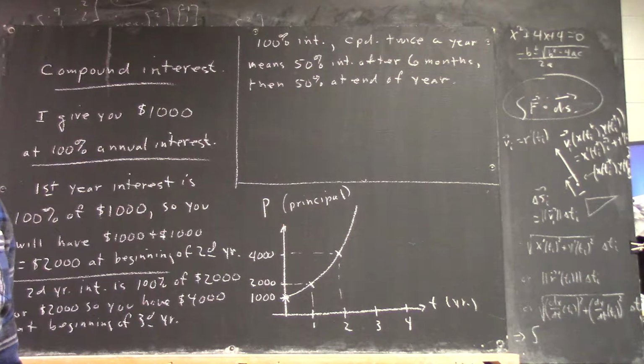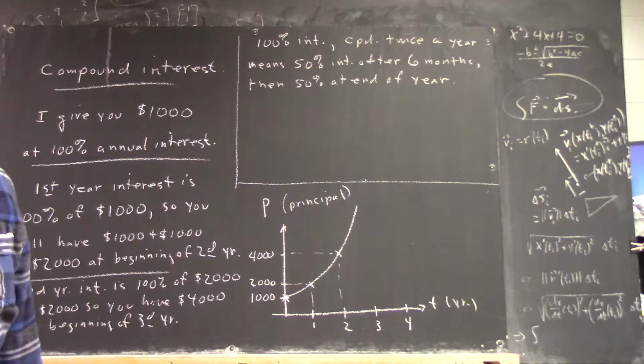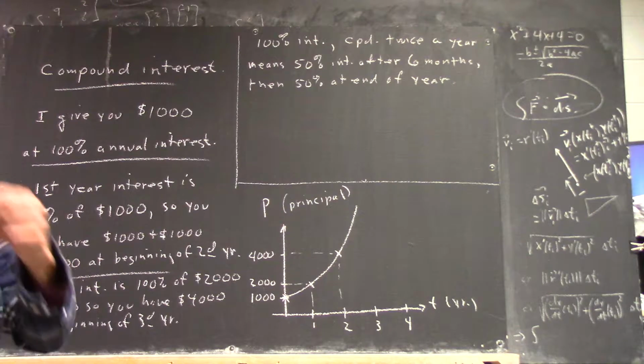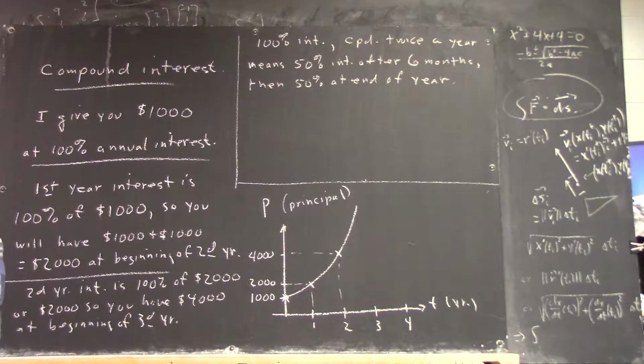But it changes. What changes? The amount of money you get. Okay, what's it change to? Well, the first 50% is $500. And then the second one is $250.